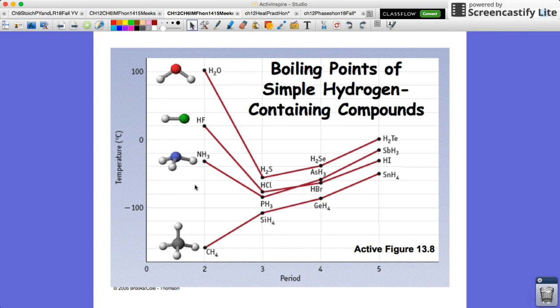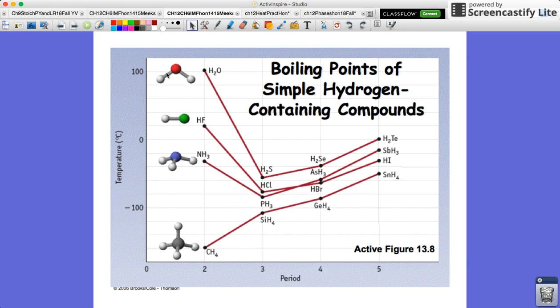Now, you can see here some molecules where water, we know, has very strong hydrogen bonding, and even though it's not as strong of a dipole as hydrofluoric acid, which has a bigger electronegativity difference between the two atoms bonded, because there are multiple hydrogen bonds, the oxygen really pulls strongly on those electrons and has a strong net dipole moment. So here you have water with the strongest hydrogen bonding, hydrofluoric acid right here, and ammonia right here.